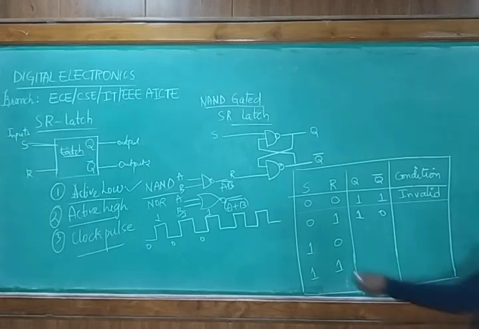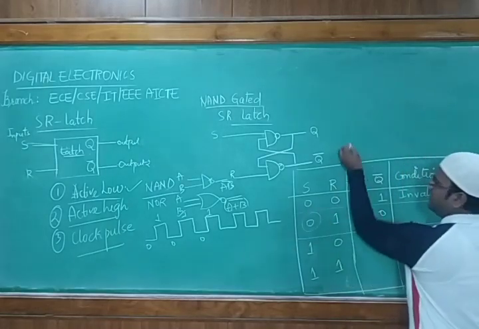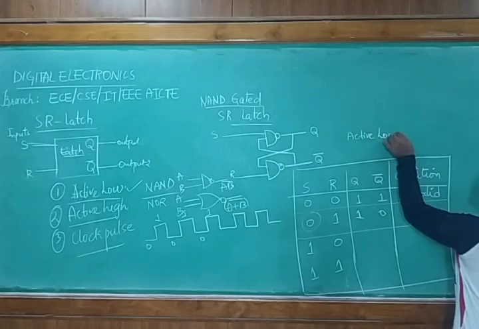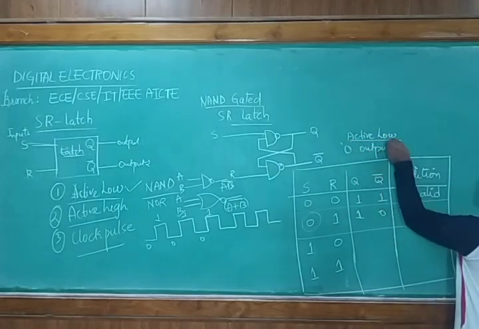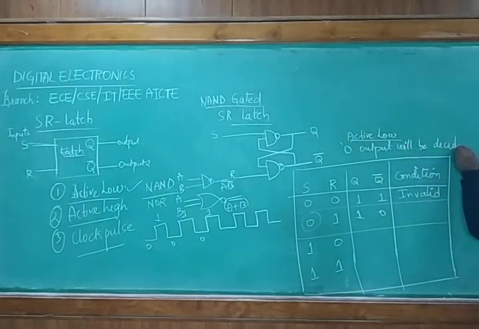Next condition we are seeing. So set is equal to 0. What does this 0 indicate? That indicates, since it is active low, whenever we have 0, the output will be decided by that particular factor. So set bit is equal to 0, then we can say this is the set condition.